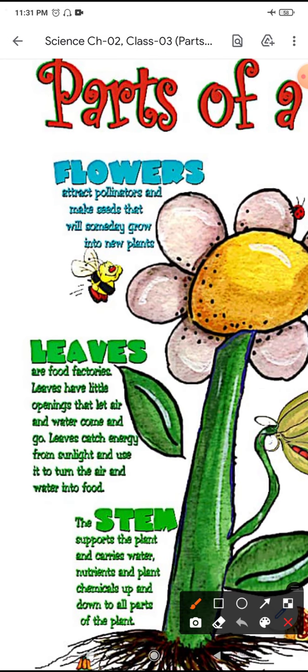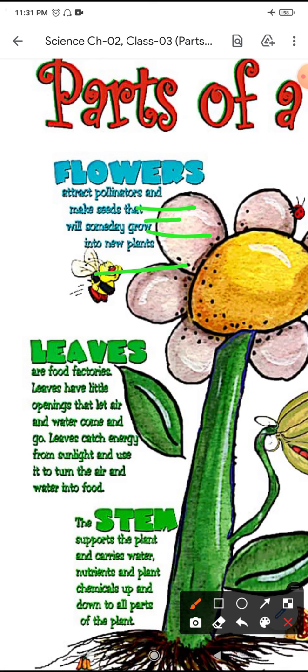Yes, now it is visible. Flowers attract pollinators and make seeds that will someday grow into new plants.